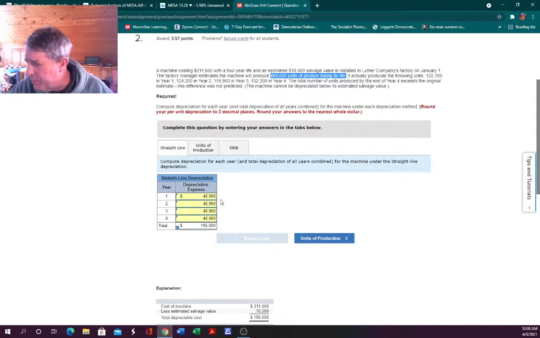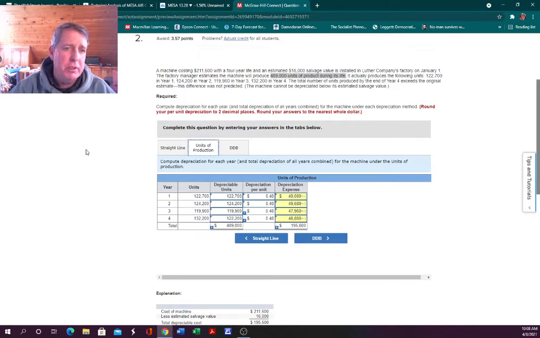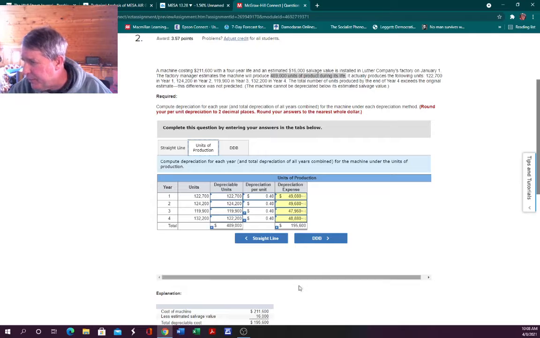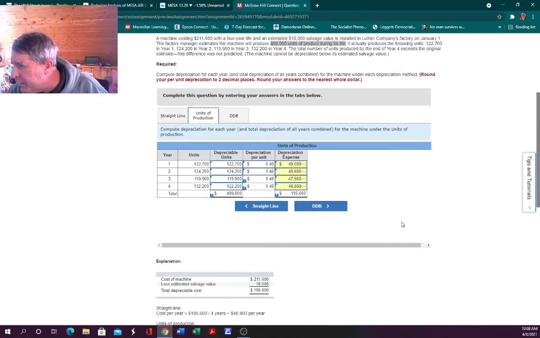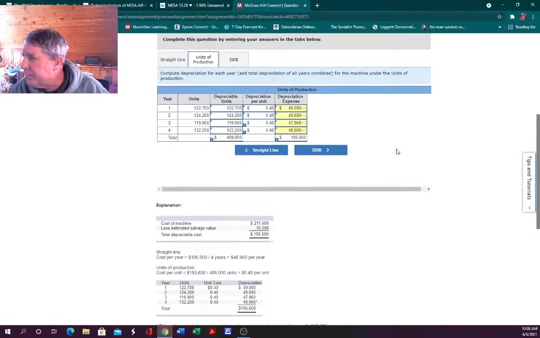Pretty simple, 40,900 a year. And of course, you know the equation for that, but I'll show it to you anyway. Here's the units of production for my numbers. And you can see down here, 40,800, 49,680, 47,960. And that gets you down to, where's the salvage value? 16,000. So we don't get there, which is good.